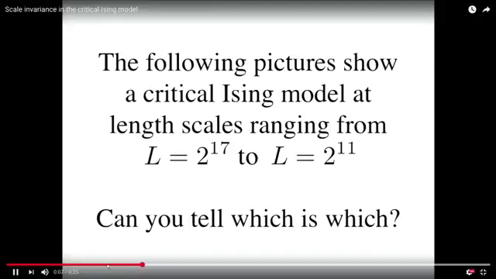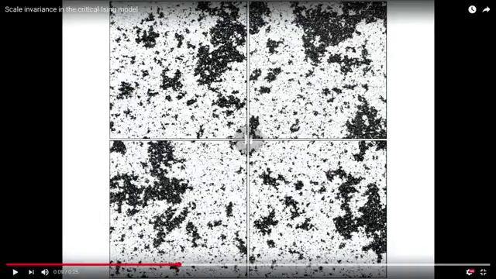So when you go back here. The point is, this is what scale invariance looks like. If you just looked at any one of these by themselves, you can't tell what length scale you're at, right?